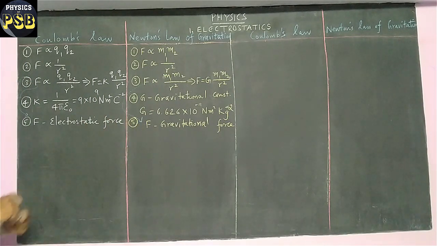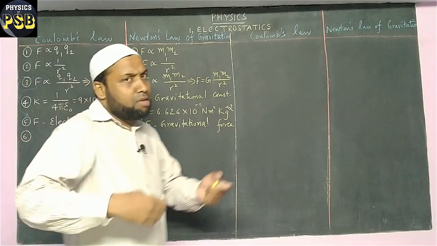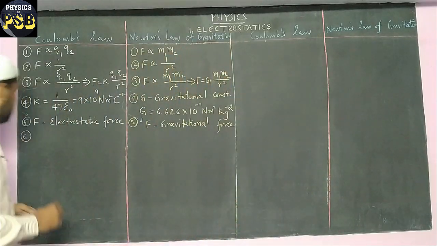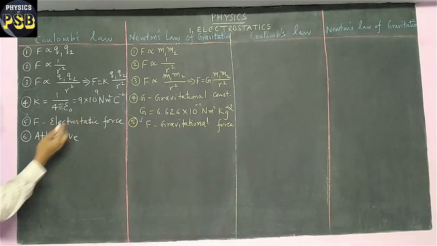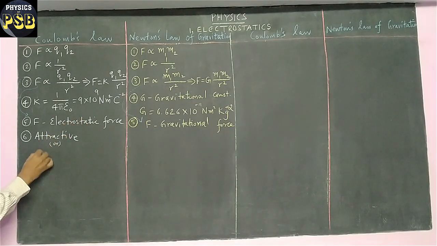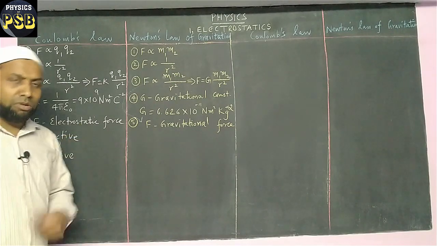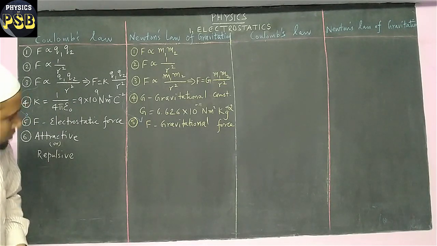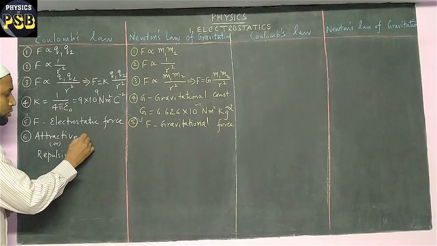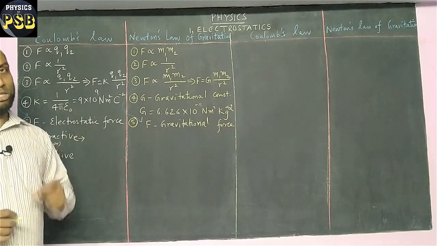Correct? And next thing, when we talk about electrostatic force, there are two possibilities. This electrostatic force may be either attractive or repulsive. When will it be attractive, and when will it be repulsive? This force will be attractive between unlike charges.